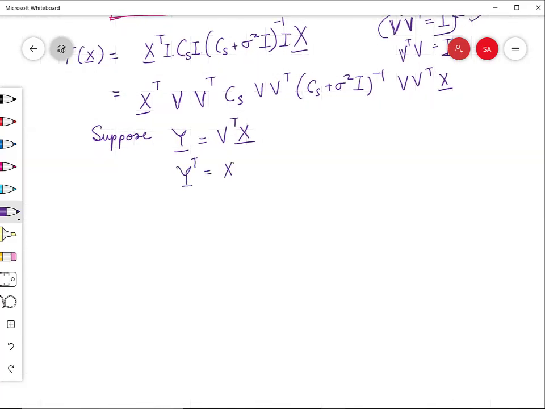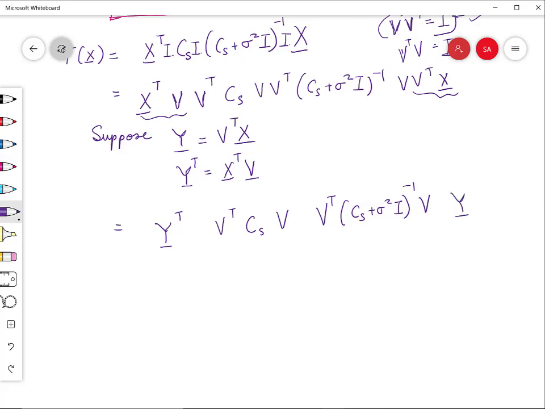Y transpose is going to be X transpose V. So I can replace this part with Y transpose, this part with Y. So let me do that. So this is Y transpose V transpose CS V transpose CS plus sigma square I inverse V times Y.